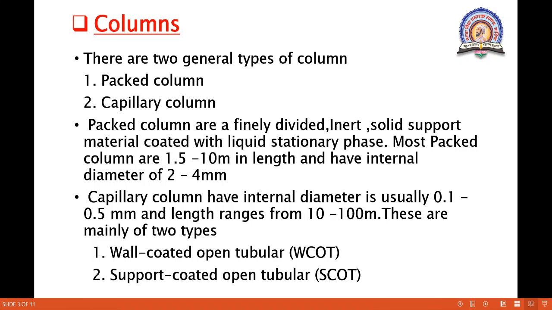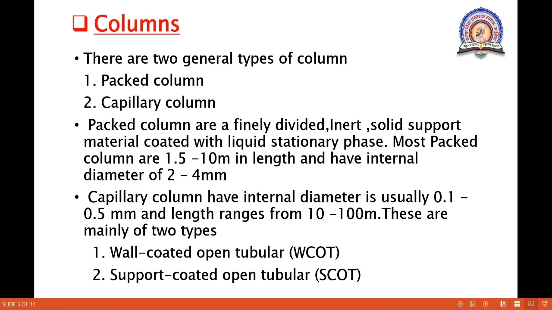Most packed columns have a length of 1.5 to 10 meter and an internal diameter of 2 to 4 mm. While the capillary columns have an internal diameter usually 0.1 to 0.5 mm and the length ranges from 10 to 100 meters. So it is very large.